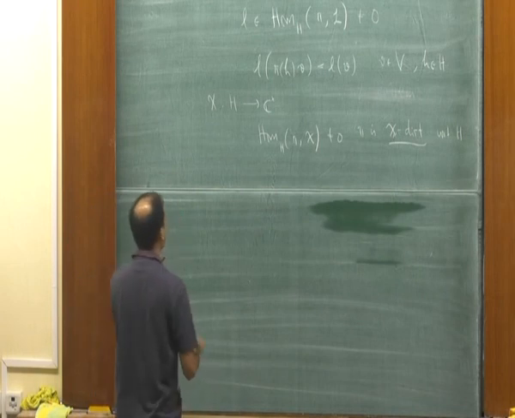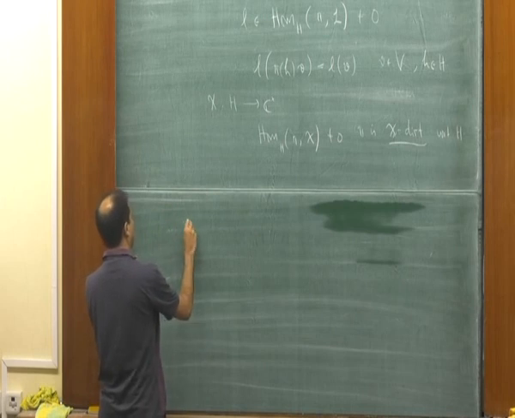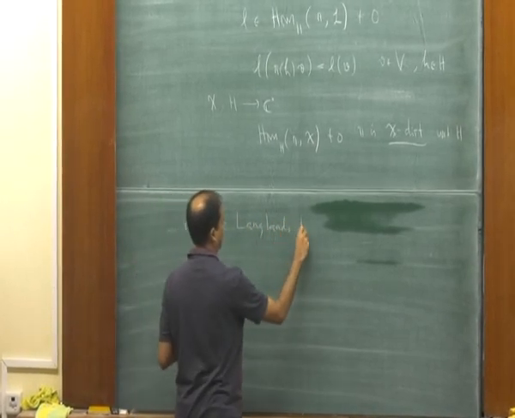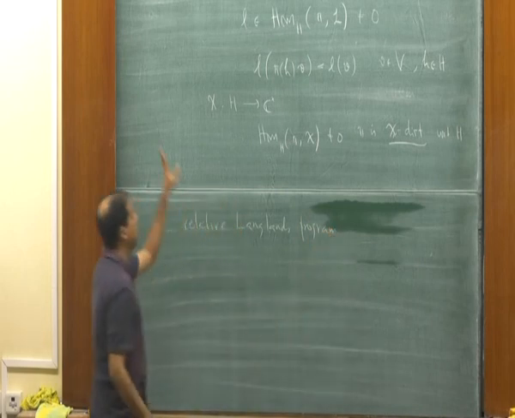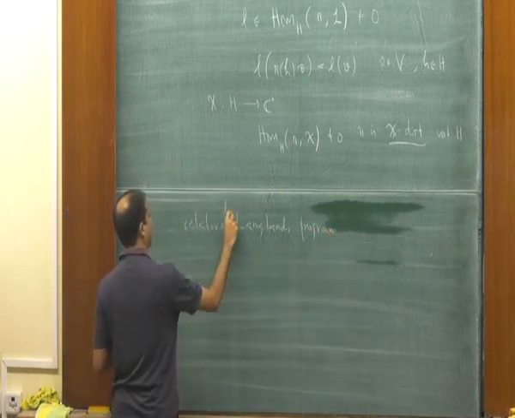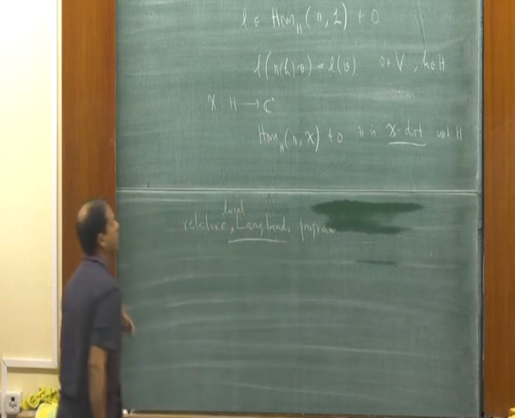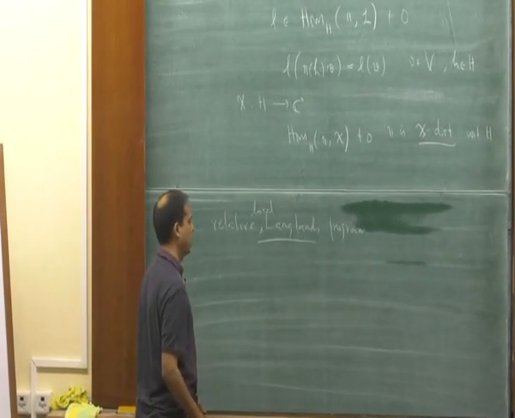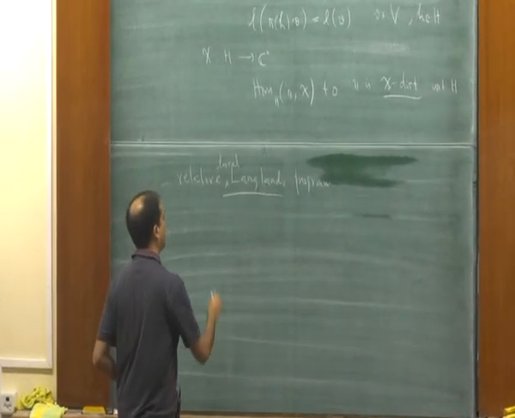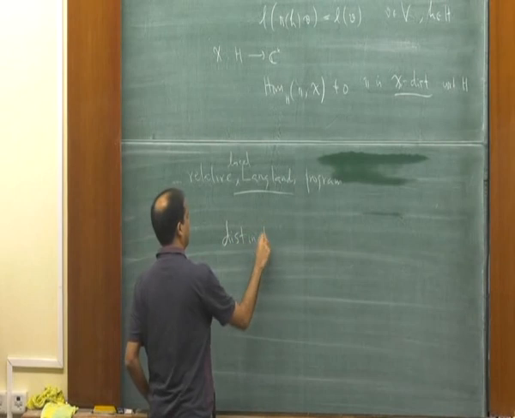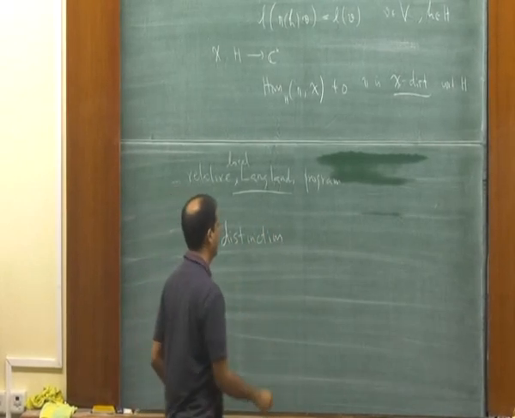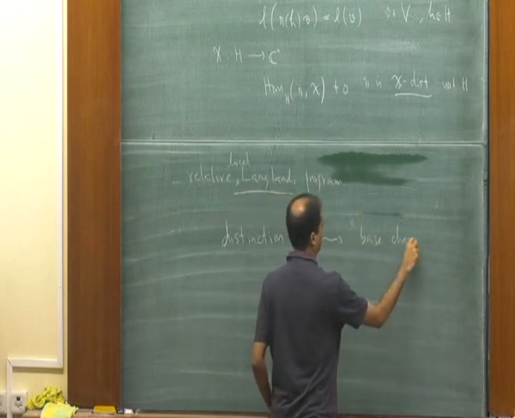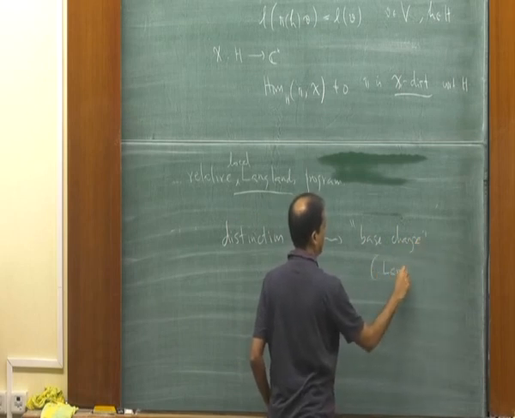But in the Langlands program, or in the words of Akshay Venkatesh, the relative Langlands program, or since we are in the local situation, let us say the relative local Langlands program, which is the study of distinguished representations, it becomes important because distinction is closely connected to what I will call base change, the Langlands functorial lifts.